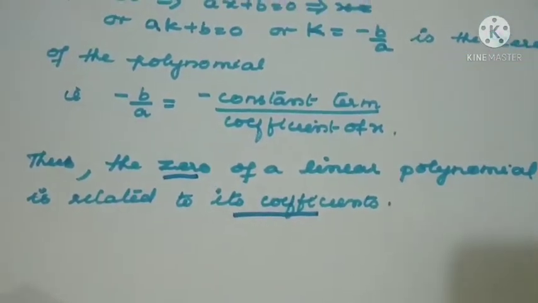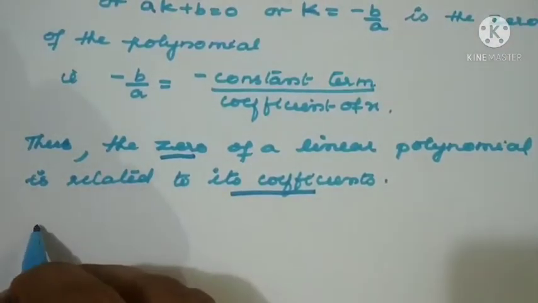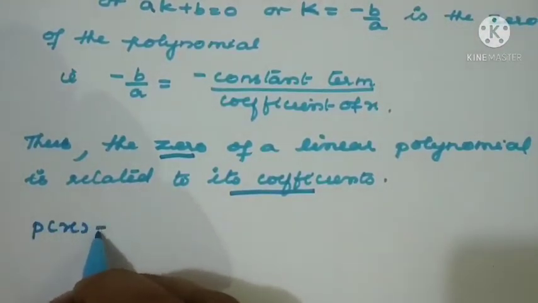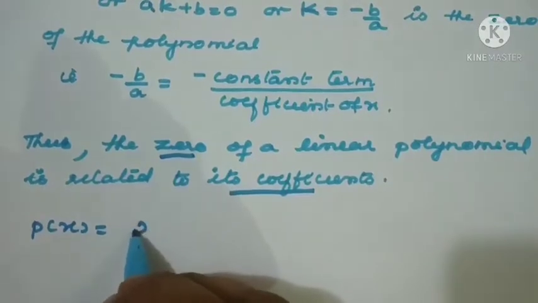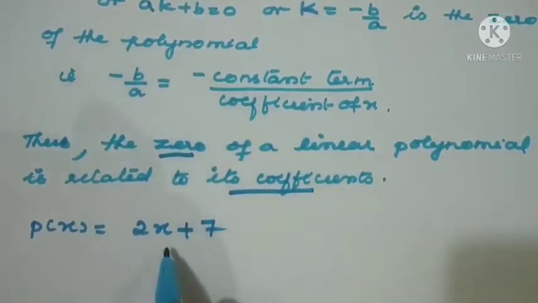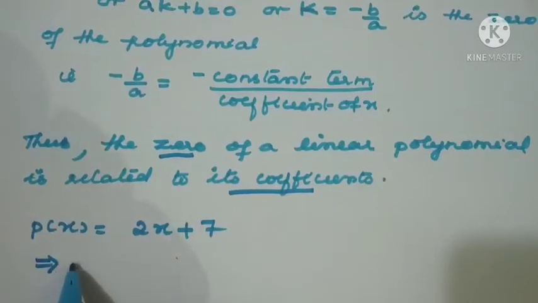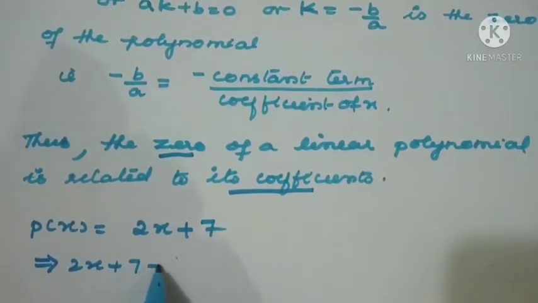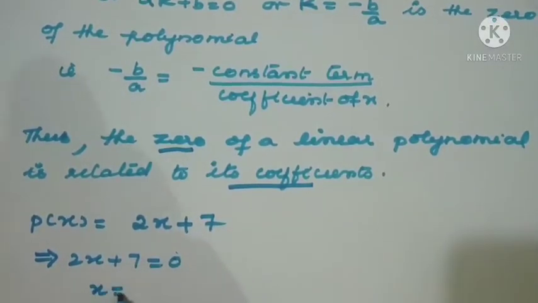For example, we want to consider p(x) = 2x + 7. We want to find the zero of this polynomial. Usually, we write 2x + 7 = 0, and x = minus 7 by 2.